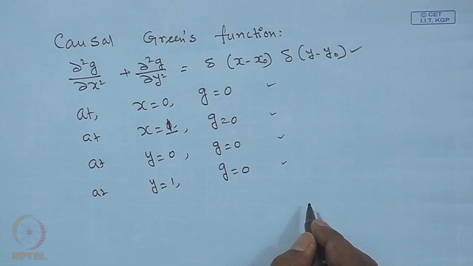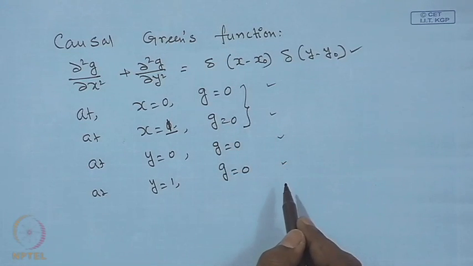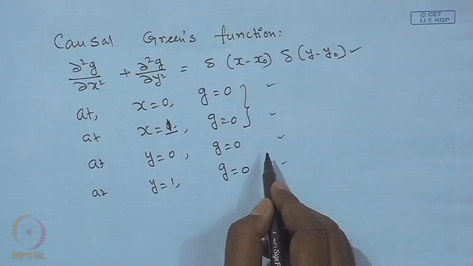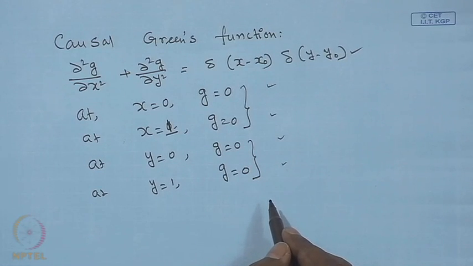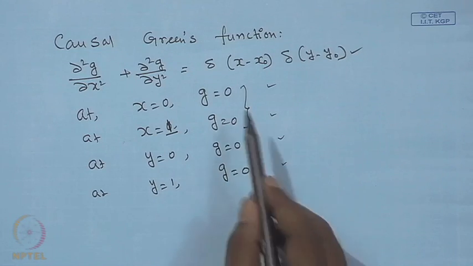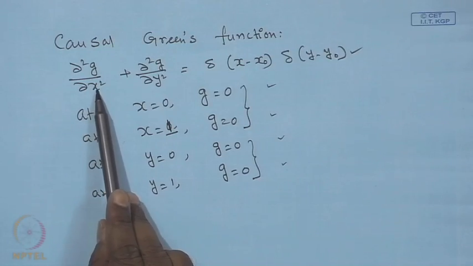Now, both the boundary conditions in the x direction are homogeneous, and both the boundary conditions in the y direction are homogeneous. Therefore, we can formulate the standard eigenvalue problem in the x direction and the y direction independently. This is a 2-dimensional problem, the independent variables are x and y.